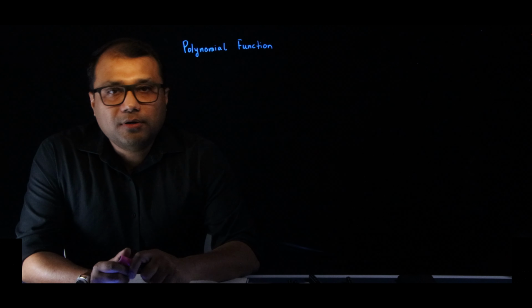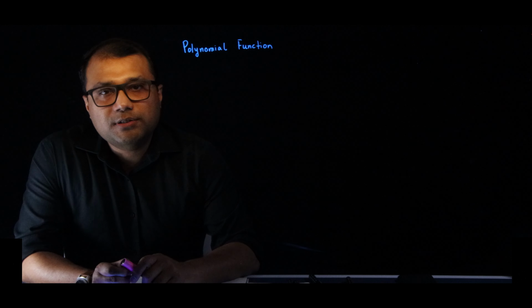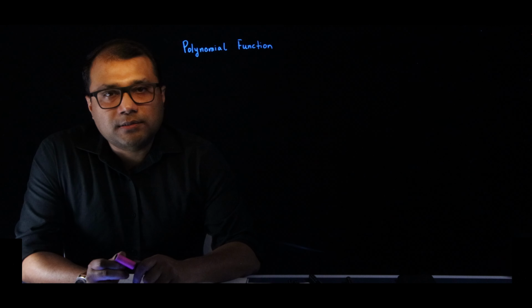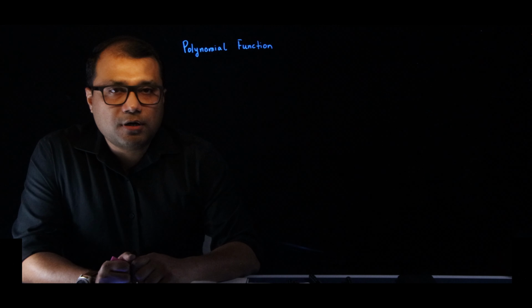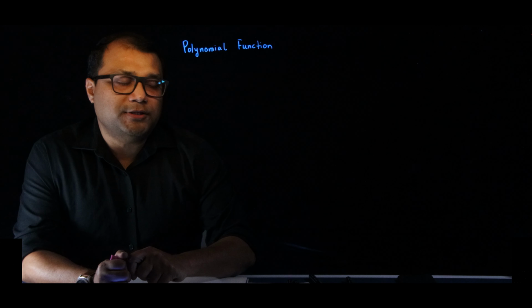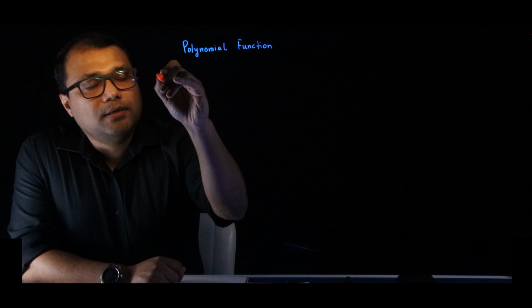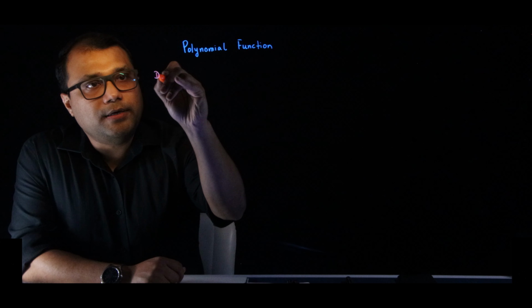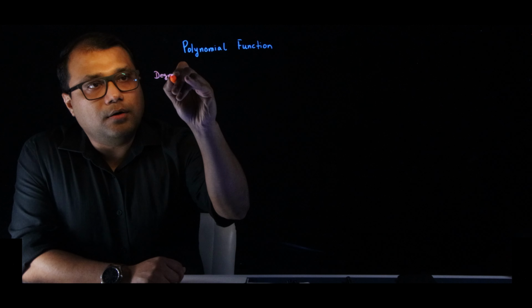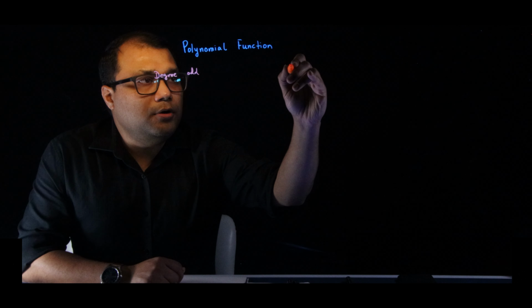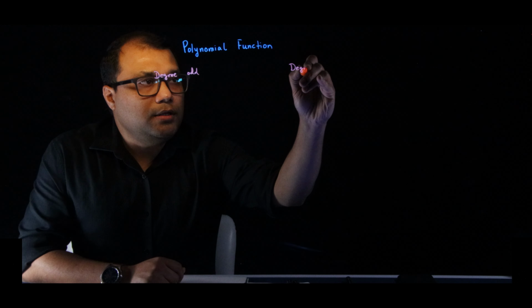We talked about the domain of polynomial functions, and for all polynomial functions, the domain is the set of real numbers. But let's talk about the range of polynomial functions as well. First, let's see a polynomial of degree odd, and a polynomial of degree even.